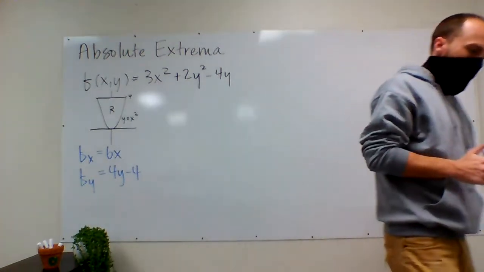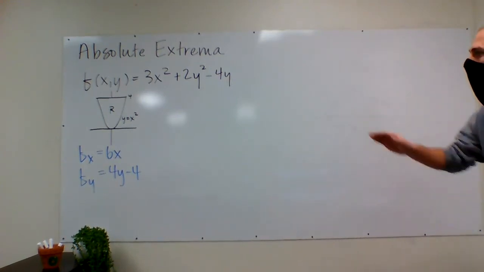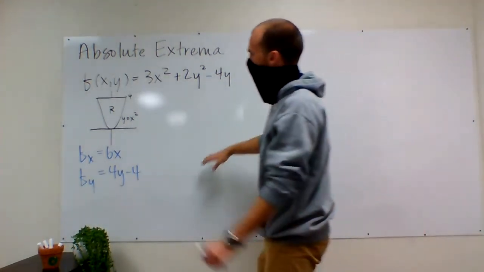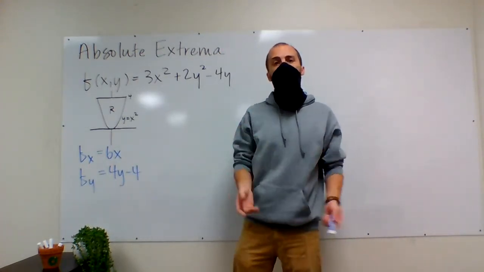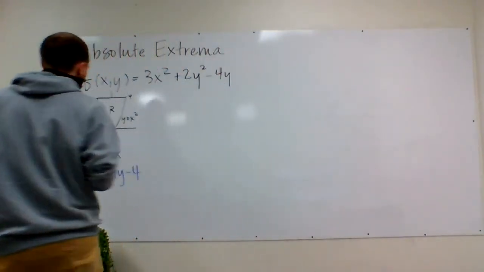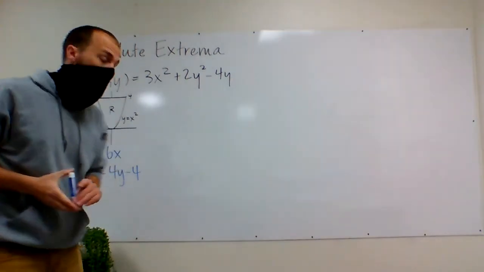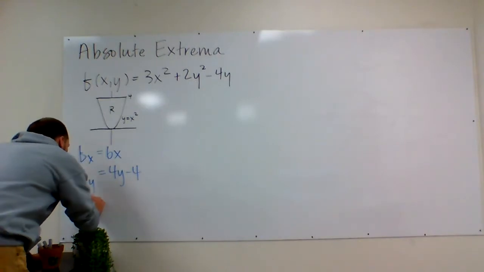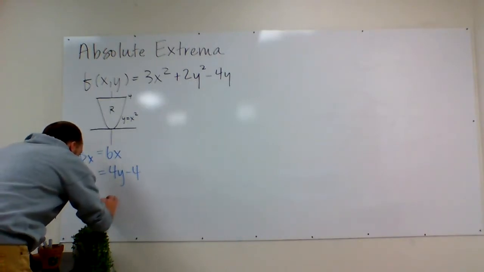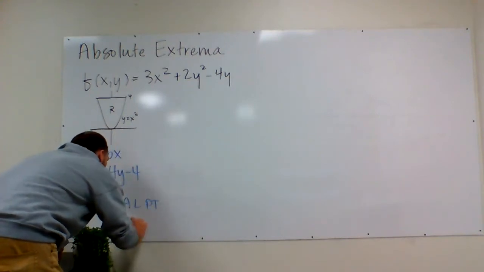I'm only seeing one critical point, because this is defined everywhere; there aren't any x's and y's that would make it undefined. So the place where it would be the zero vector is where 6x equals 0 and 4y minus 4 equals 0, which says x needs to be 0 and y needs to be 1. So the critical point is at (0, 1).